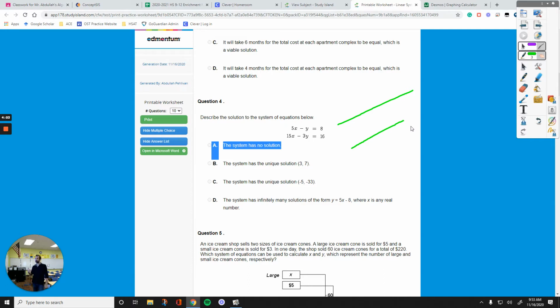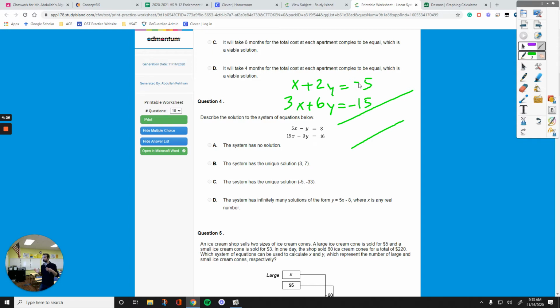They'll have a solution. If the lines are parallel, the equations would look like this: x plus 2y equals negative 5, and then multiply all of these by a certain number, like 3. 3x plus 6y equals negative 15. All of them should be multiplied by the same number.